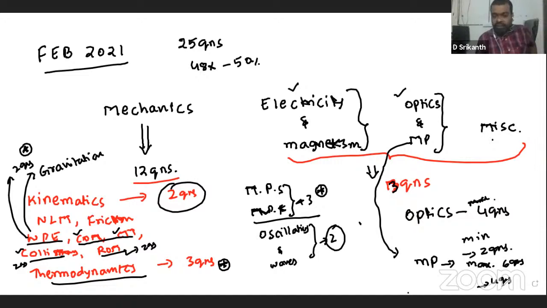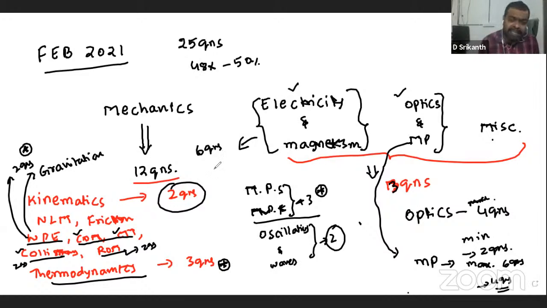In optics, if we consider the minimum case, 2 plus 4 is 6. At least we can expect 6 questions from this. 6 plus 6 is 12. And every year they change the number of questions from each chapter.